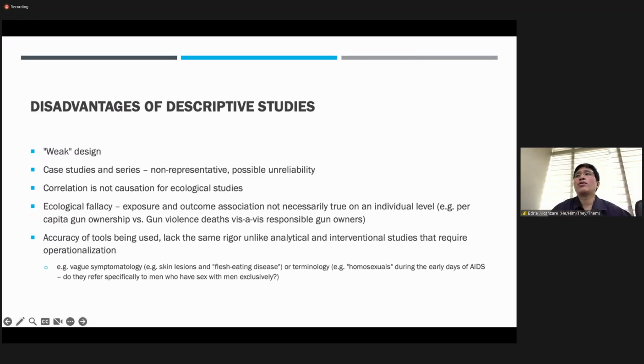Okay, do I also include those who identify as bisexual? Again, you have to be specific, you have to qualify, if you want to have a stronger or better descriptive study rather than using vague symptomatology or vague terminologies.